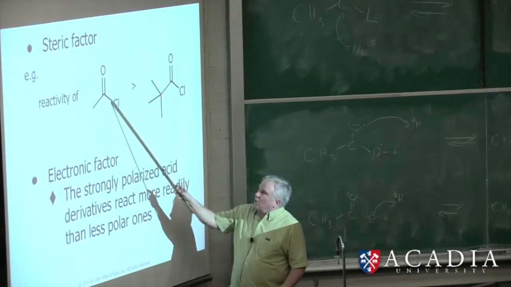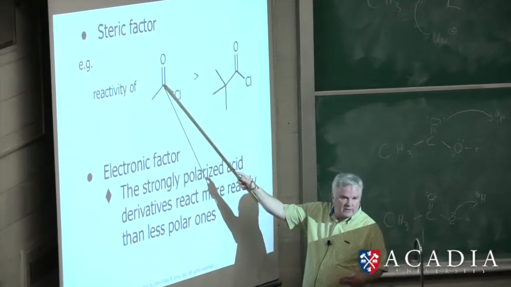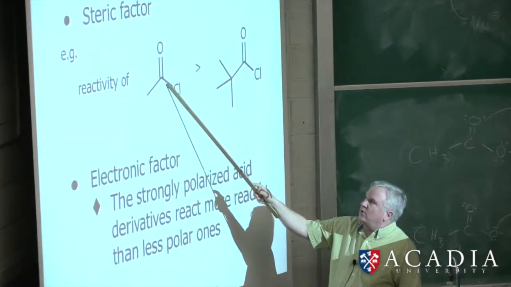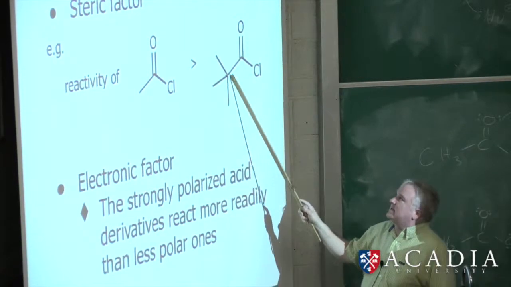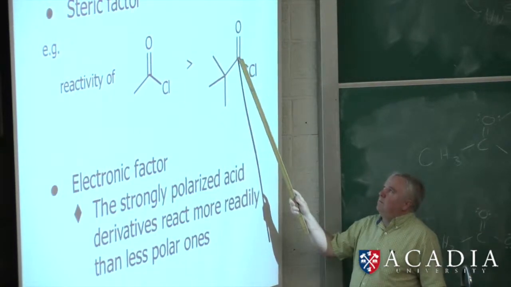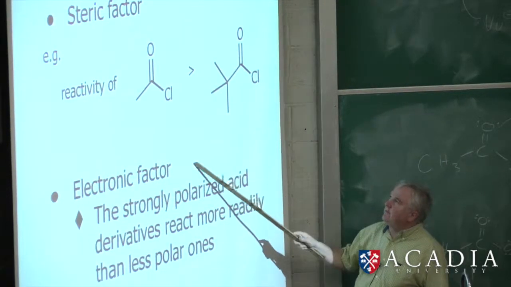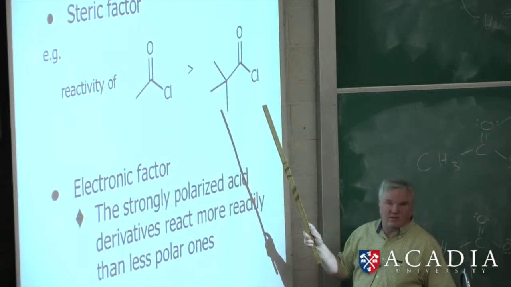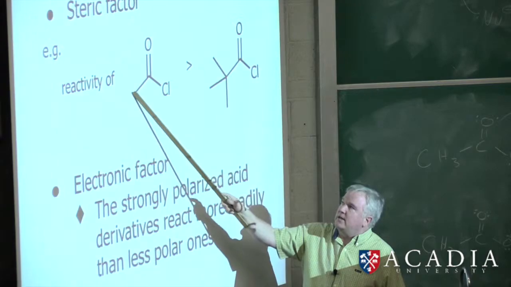So chlorine, which is somewhat electron withdrawing, actually activates that carbon electronically. The other thing that is important is steric, so that of these two compounds, this one is going to be more reactive because this has a lot of steric bulk blocking approach to the carbonyl carbon. If any nucleophile is coming from this direction, it's going to bump into those and the collision won't be successful. Whereas here, may have a successful collision, get by that tiny methyl group.